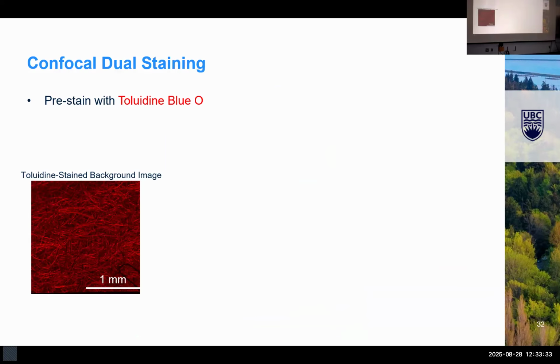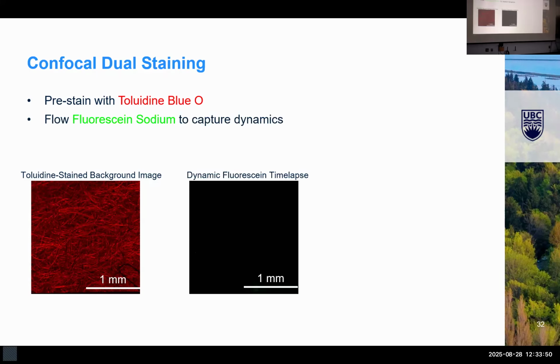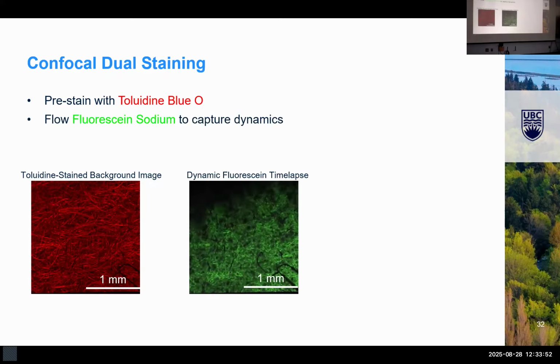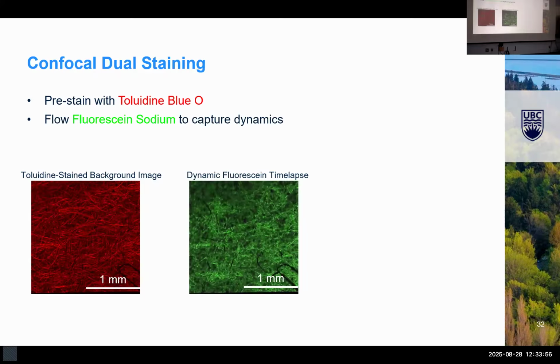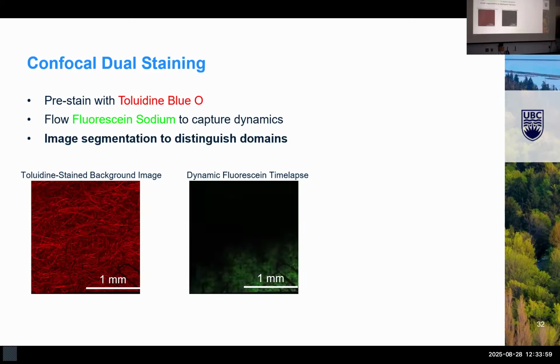We first capture a static background image of the paper that has been pre-stained with dye in one certain color. Then we do a pixel by pixel classification on this image to identify for each pixel: does it belong to a fiber, or does it belong to a space in between the fibers? Then we flow this green colored dye, as I said before in the videos on the last slide, to capture the dynamics of the imbibition.